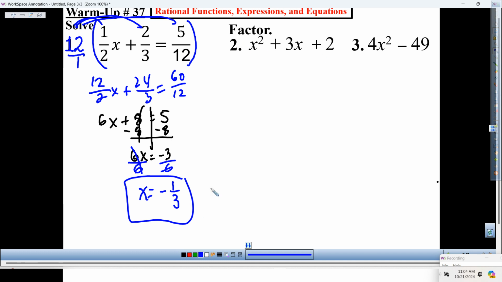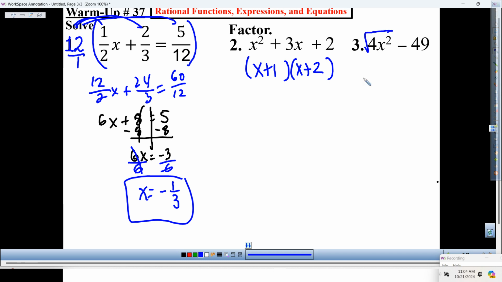Number 2. By now you should know the factors of number 2. Tell your neighbor your factors. See what they got. Make sure they have the same thing. Factors from number 2. All right, good. Factors. X plus 1 and x plus 2. Hands if you got that. That is correct. Number 3, factor. Is there a GCF for 4 and 49? No. But since it's a subtraction and it's a squared, let's see if we can take the square root of each term.